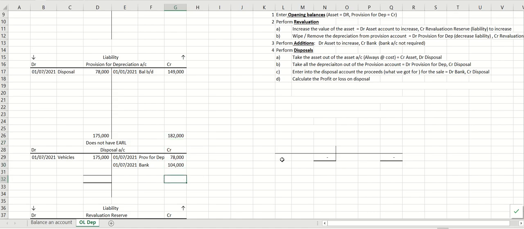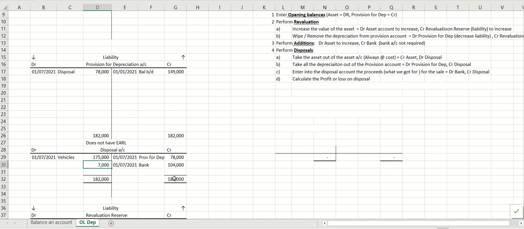The biggest is the credit side here, 182,000. You can see that. So the credit side is the biggest, 182,000. Enter the biggest as the total on both sides. And now what we would normally be doing is a balance CD, but we're not calling it that in the disposal account because disposal accounts don't have balances on them.